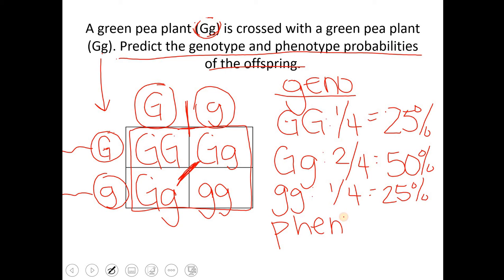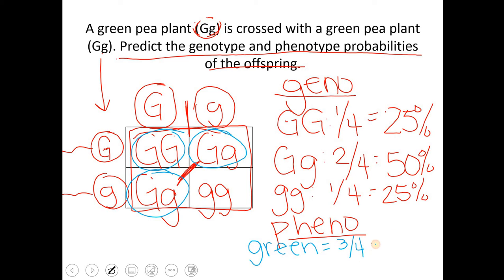Phenotypes. These are what you see when you look at the plant. These 3 plants, or these 3 boxes in the Punnett square, all have the dominant letter, the capital G. So all of those, when you look at the plant, they will appear green.